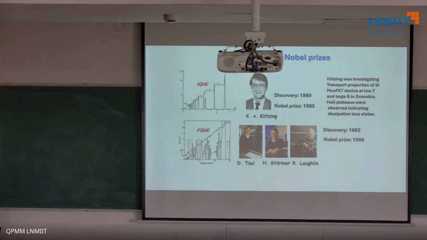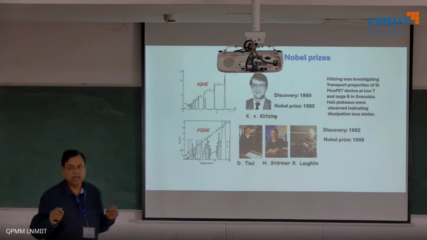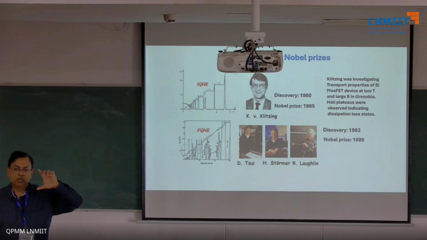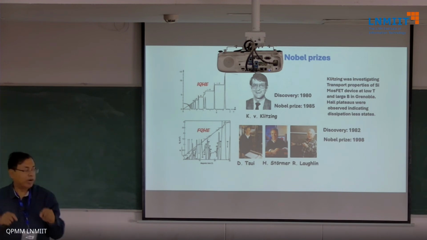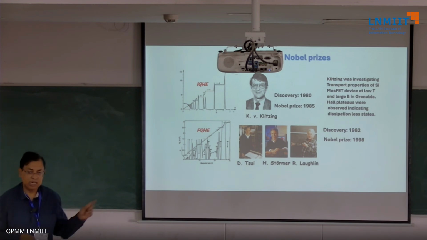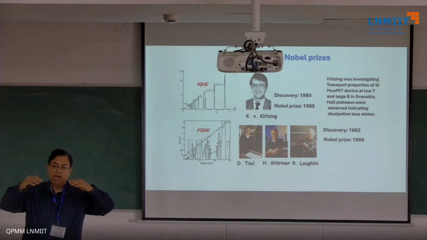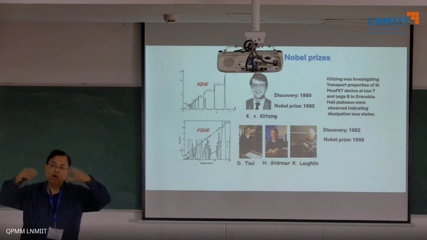And why this is seen is that you have these Landau levels formed for the electrons, the charged particles in a magnetic field, and these Landau levels get broadened because of the disorder. So if you fix your chemical potential and progressively tune the magnetic field, just like what was done in that experiment, then the Fermi level will come sometimes in the Landau band, and when the field gets even bigger, it can go out of the Landau band.